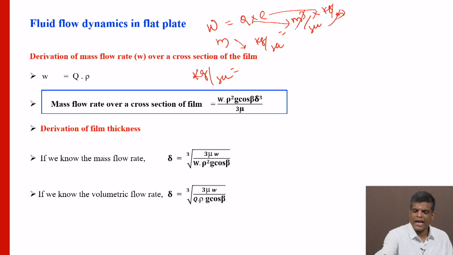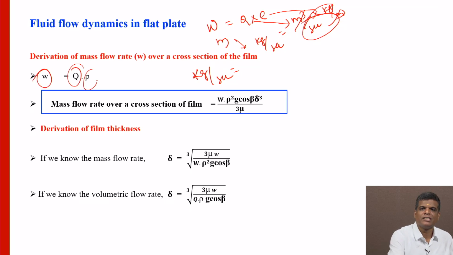The meter cube will cancel, and you get kg per second, which is the mass flow rate. So the mass flow rate W we can write as Q into density. You multiply the known Q value by the density, and we get the expression for the mass flow rate. Sometimes they may ask what the film thickness is based on the mass flow rate.